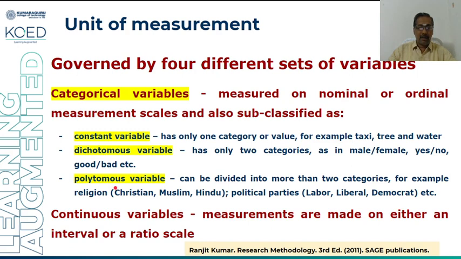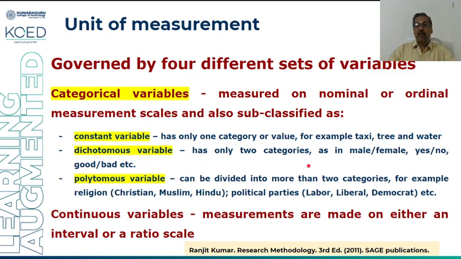Constant means only one value. For example, tree or water or taxi. Only one category. Ethanol is one category, right? pH one category. Temperature one category. If you are going to use only one lot, that will be one category. That is actually a constant variable, right? You have fixed only one variable.